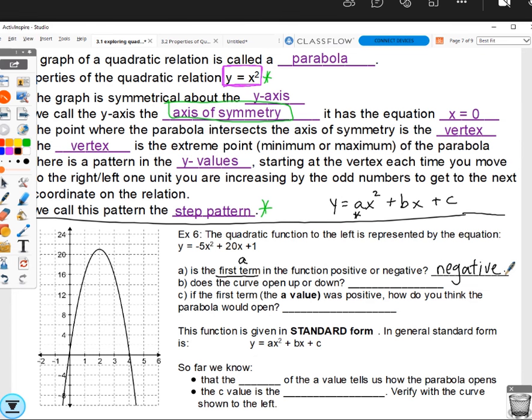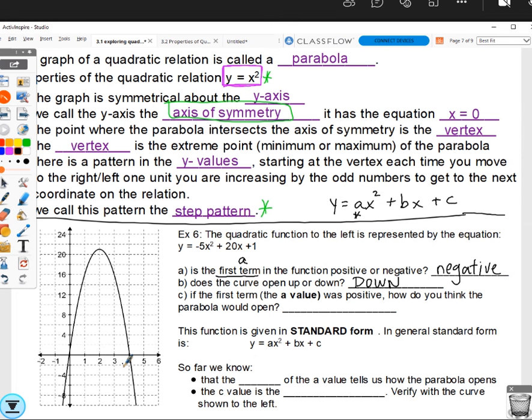What do we know? We can see the parabola here. But what do we remember about when a parabola is negative? Is it smiling or is it frowning? It's frowning. And therefore, does the curve open up or down? It opens downward. So we say that the parabola is opening downward when it's negative. And that's not a coincidence.